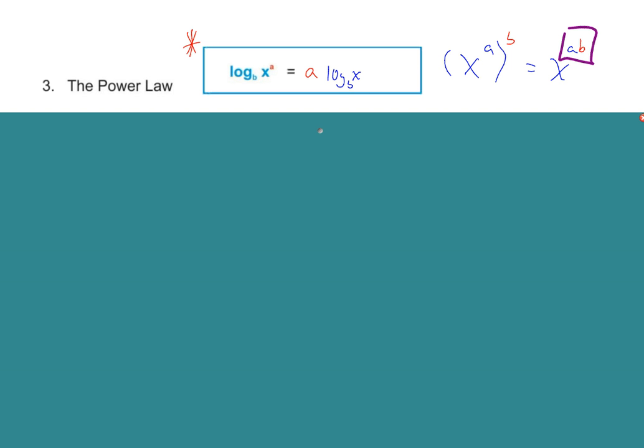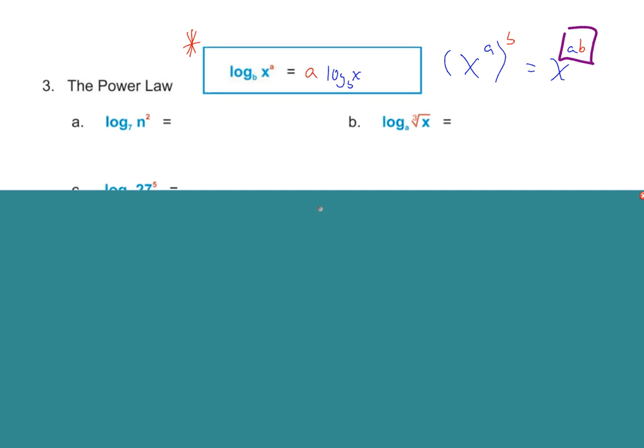They get multiplied, right? The a times the log of x in base b is multiplication. And so that is the power law. This one gets used all the time. So the exponent comes out as a multiplier.